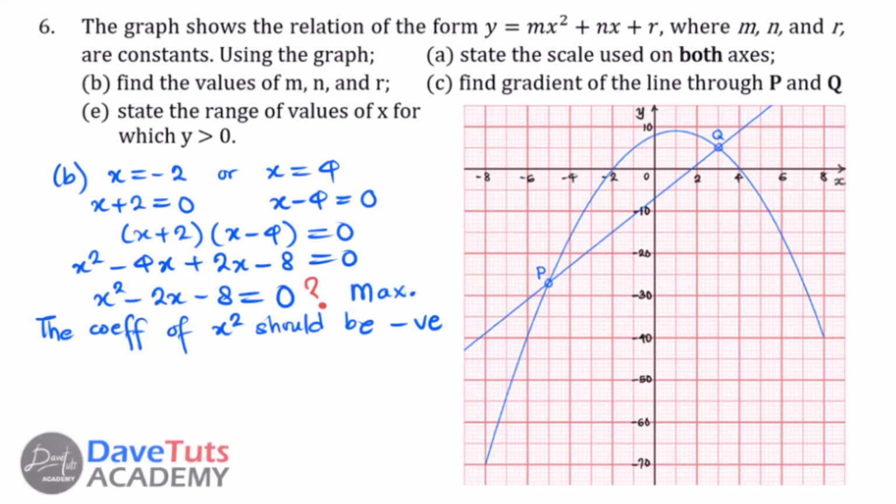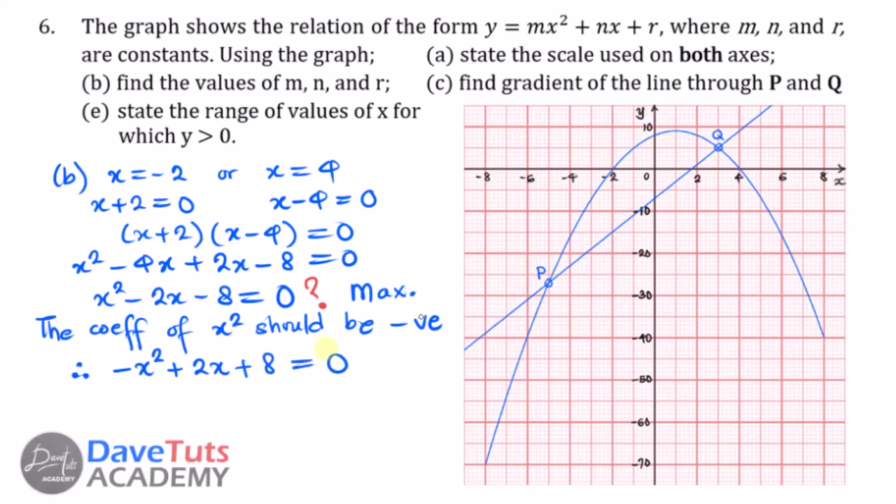Since it has a maximum value, in that case you can say we multiply all through with -1. Therefore our equation will be -1 multiplying all of this. -1 times x squared will be minus x squared, -1 times -2x will be plus 2x, -1 times -8 will be plus 8, is equal to 0.